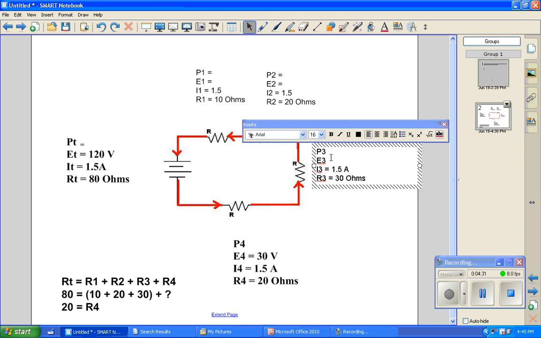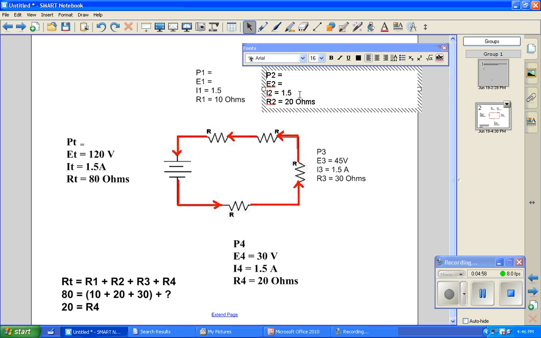Now we're going to do the same thing. With the TI-30X2S, I can just arrow back over the 20 and put in the resistance, 30. I can just change the 2 to a 3 and hit enter. And it's 45. So we're dropping 45 volts here.